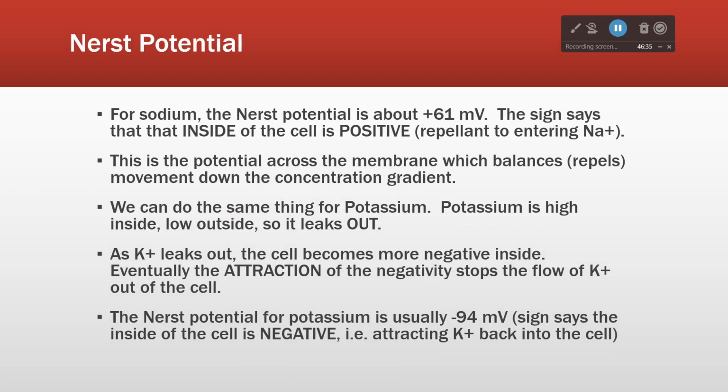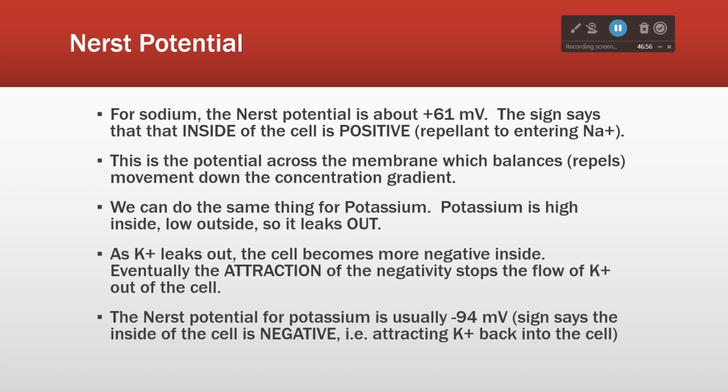Okay, it's real in the sense that we can measure it in an experimental system. So if all that existed in the universe was sodium and cells and water, right, the Nernst potential would be about plus 61. In other words, 61 millivolts, more positive inside than outside.